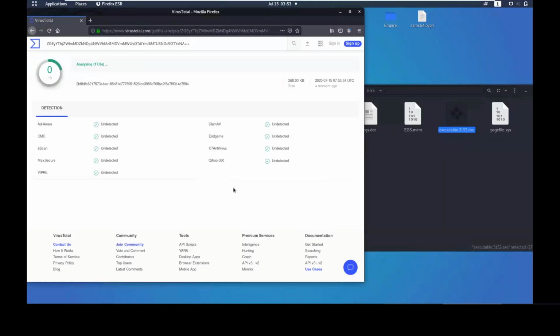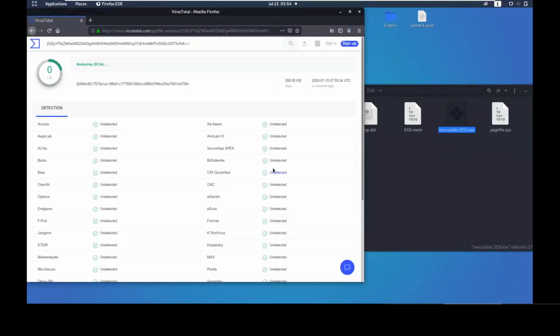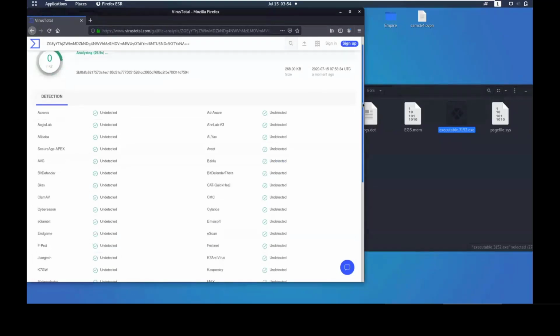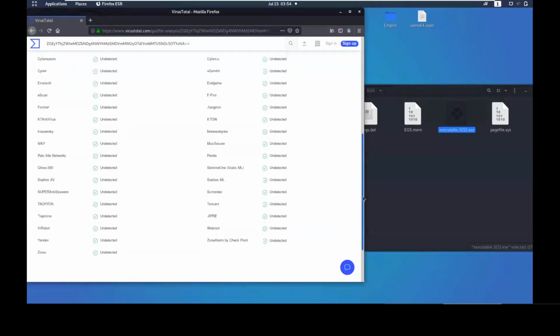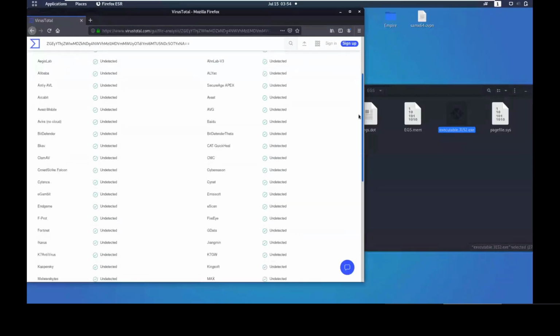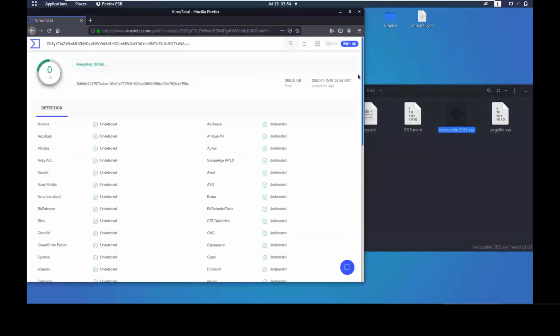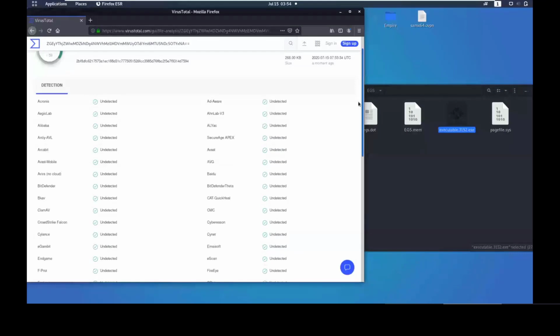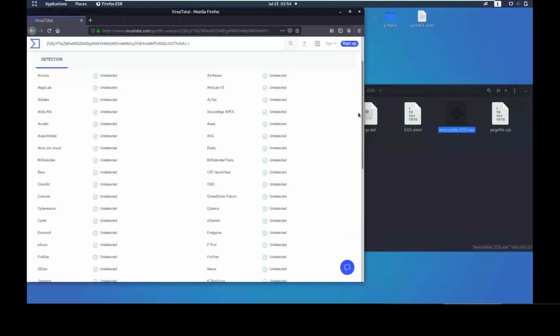No wonder the malfind plugin was also not able to detect this malware. As you can see, clean sheet means no antivirus detected it as malware, considering the point that it has suspicious activities. This is the point. This is all the point about the trend hunting.